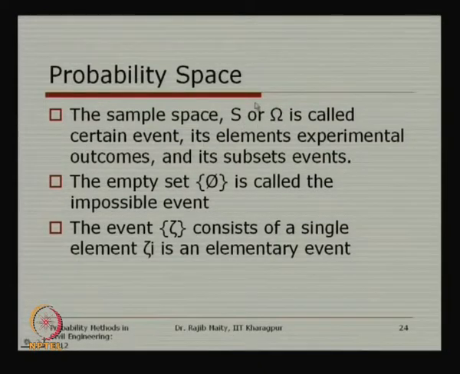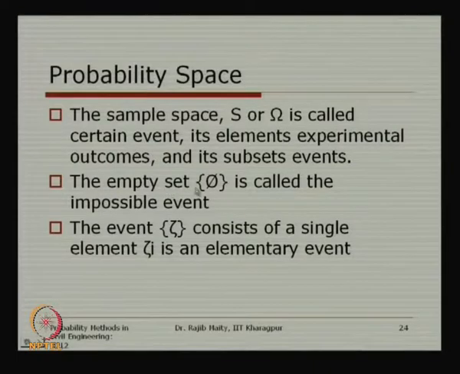So the full sample space, or its sigma algebra, is a certain event. Its elements are the experimental outcomes, as we have discussed in the previous classes, and its subsets correspond to some events.